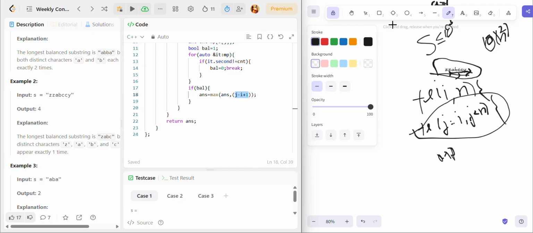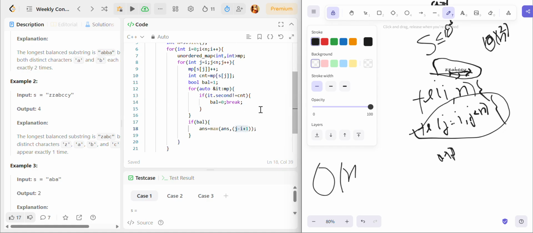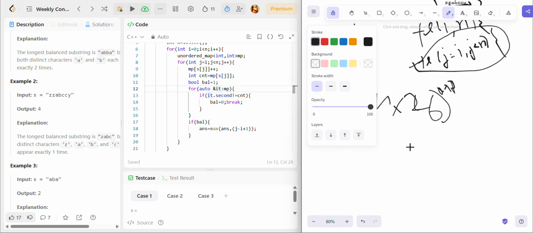This is O of n into n into, there is an ordered map, and I am updating the frequency each time. This is O of 1, and the maximum size of the map can be 26. That means it will go up to 10 raised to the power 7. That is acceptable.